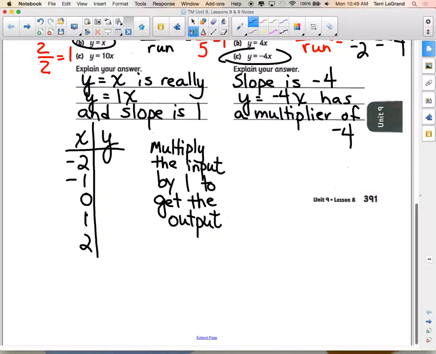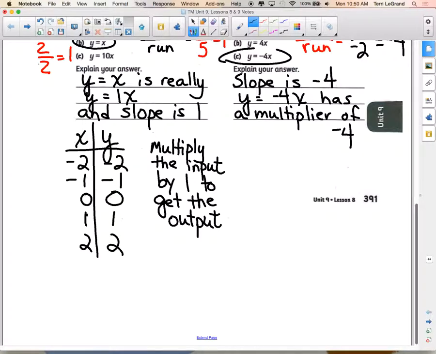Negative 2 times 1. What would we get? Negative 2. What would we get if we took our input negative 1 times 1? Negative 1 would be our output. How about 0 times 1? What's that? 0. What's 1 times 1? 1. And 2 times 1 is 2.